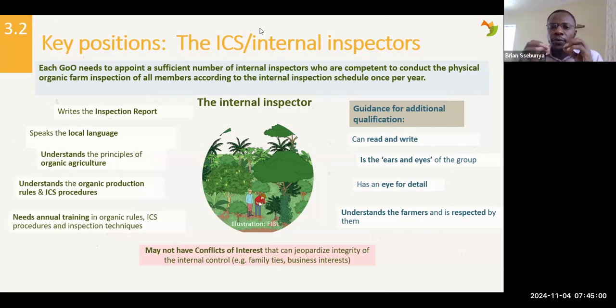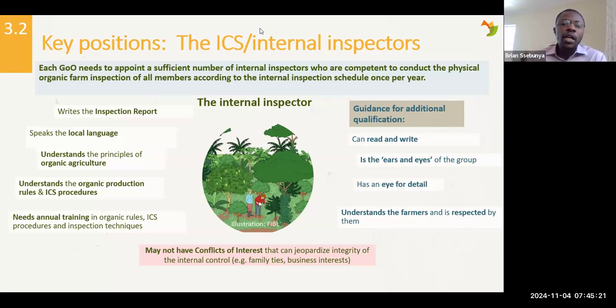For internal inspectors, it's a requirement that they should understand the language so that they can communicate and answer questions. And that's what you have on the left-hand side. They're talking about speaking the local language. That one is a must.